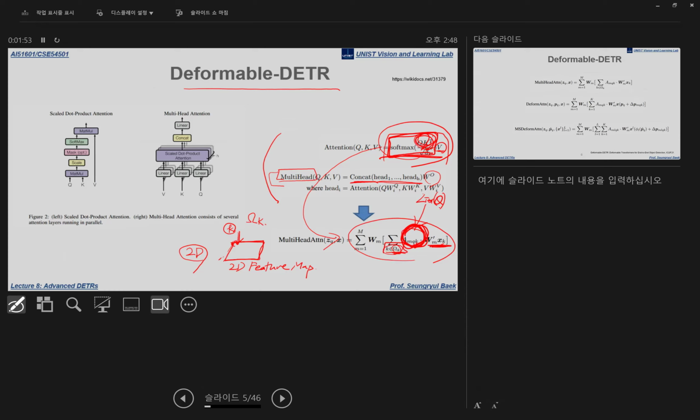Not densely considering the relationship between other queries. They are wanting to estimate this A matrix, which is the similarity between two input tokens, okay? And then they are wanting to multiply the value vectors, okay?